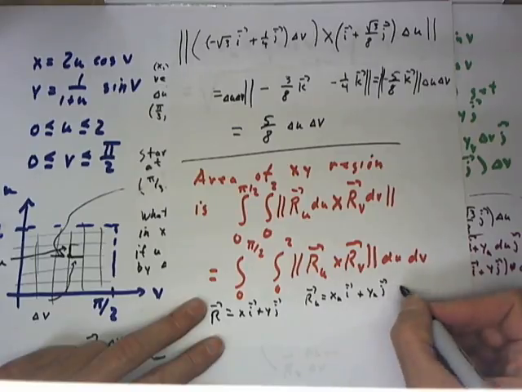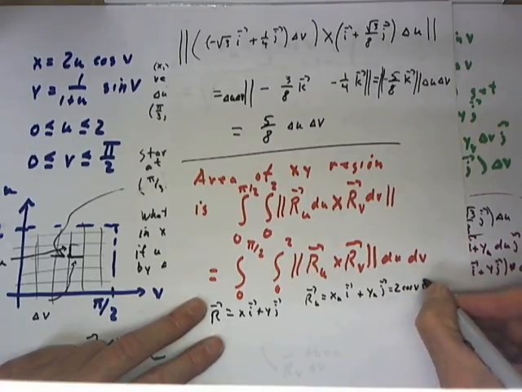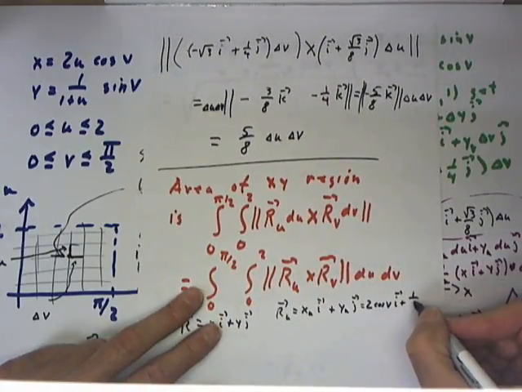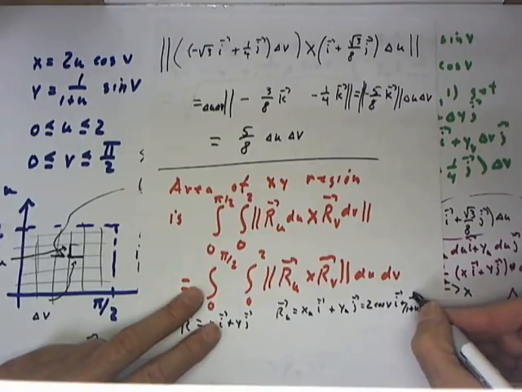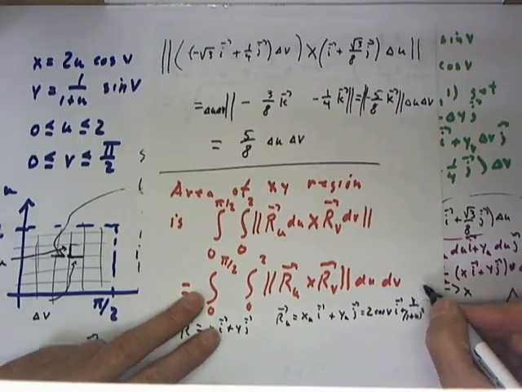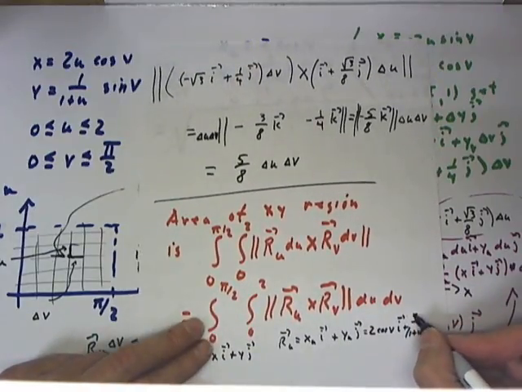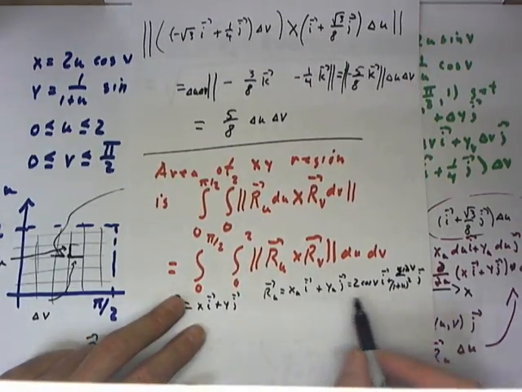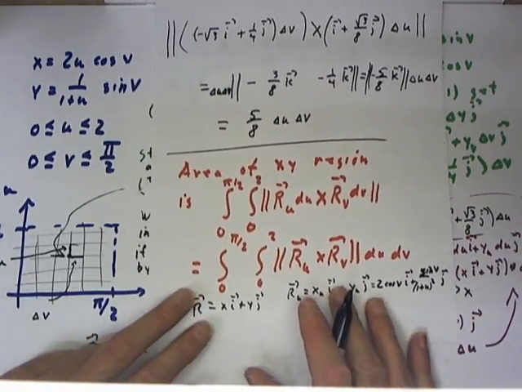That's going to be 2 cosine v i, and just to make sure we got it right, 1 over 1 plus u times sine v times j. Now that's written kind of small, but I believe that's the correct expression for ru.